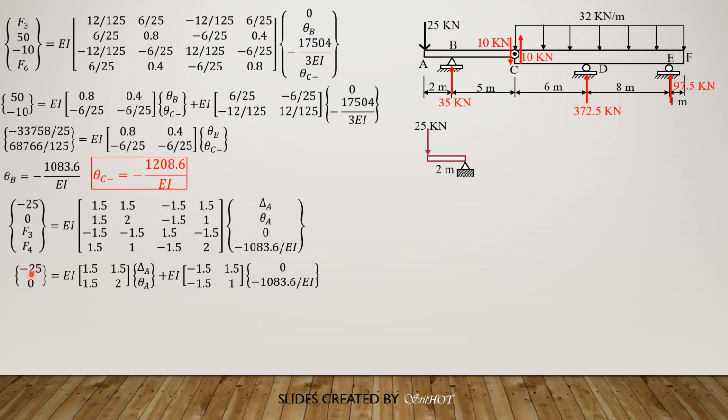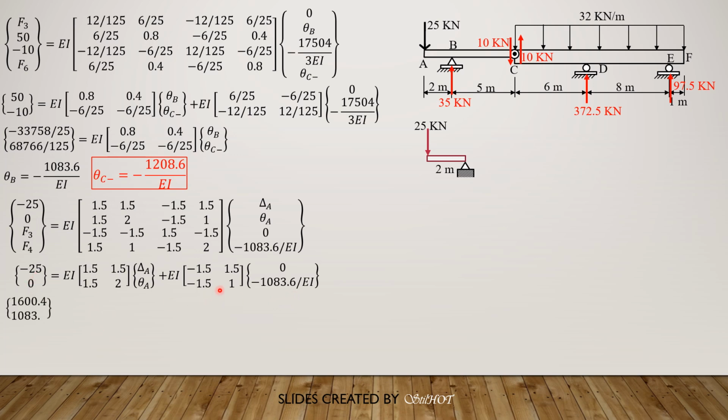So the new value here is negative 25, then 0, 1.5 times negative, so positive. So this is negative 25 plus 1.5 times 1083.6. And the second entry is 0. So negative 1.5 times 0, then negative 1083.6 over EI times EI, so cancel. So 0 plus 1083.6 is 1083.6.